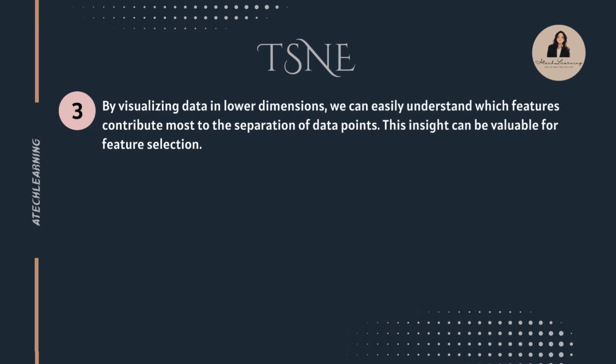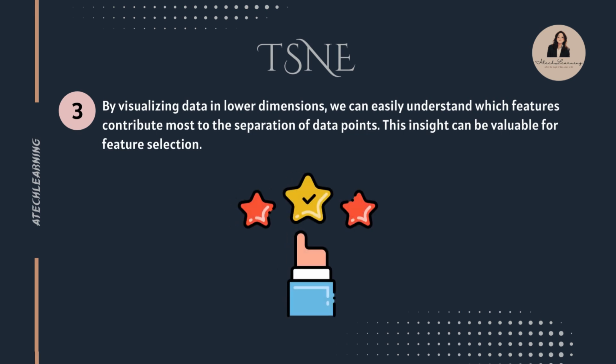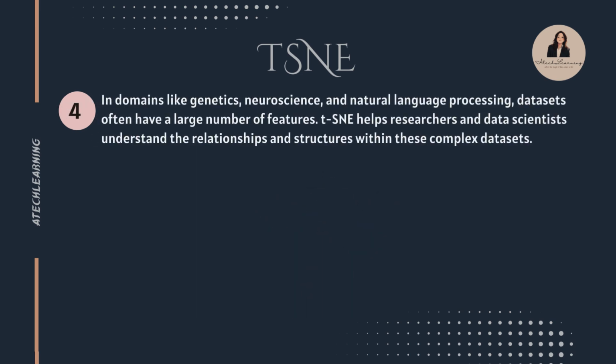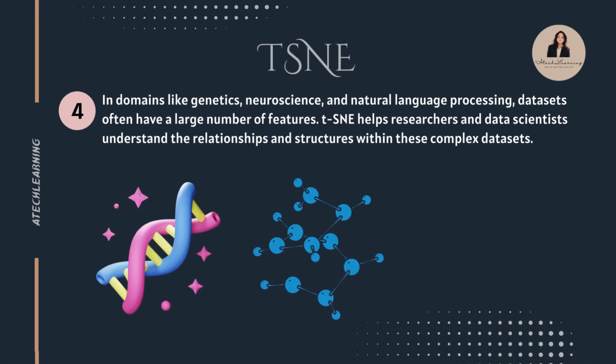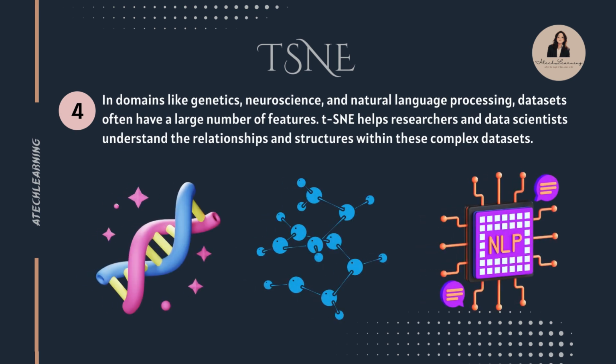By visualizing data in lower dimensions, we can easily understand which features contribute most to the separation of data points. This insight can be valuable for feature selection. In domains like genetics, neuroscience, and natural language processing, data sets often have a large number of features. t-SNE helps researchers and data scientists understand the relationships and the structure within these complex data sets.